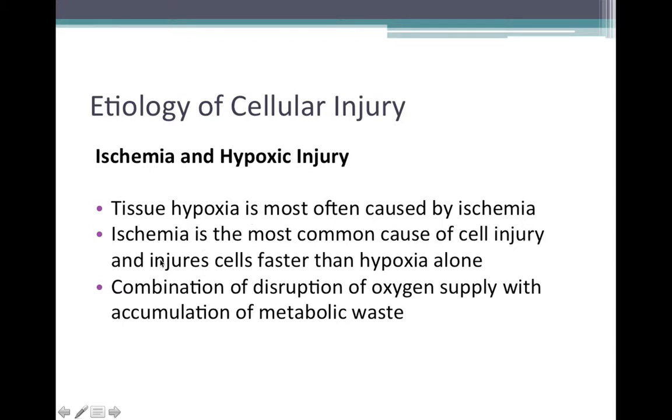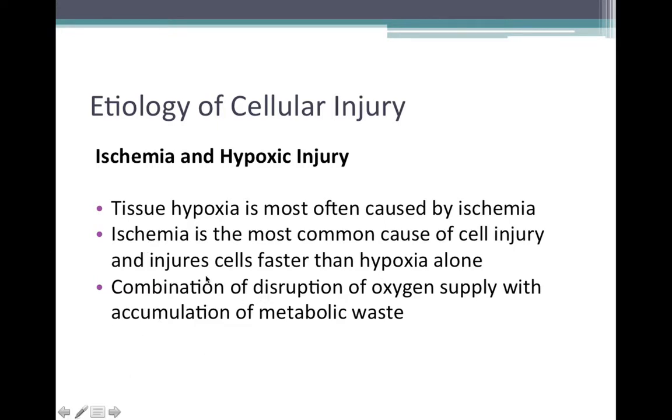Now, ischemia is the most common cause of cell injury, and the reason why ischemia is more damaging than just hypoxia is that a decrease in blood flow not only doesn't deliver oxygen, but also doesn't remove wastes from the tissue and doesn't deliver other nutrients like glucose or fatty acids or protein. So ischemia is much more damaging than hypoxia alone.